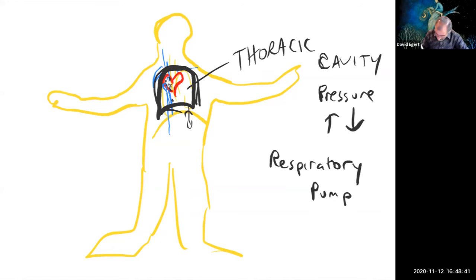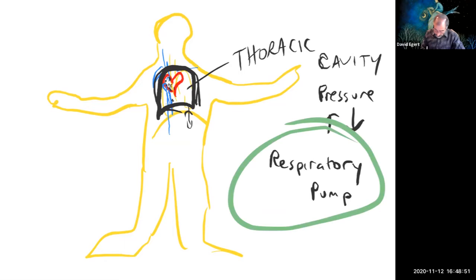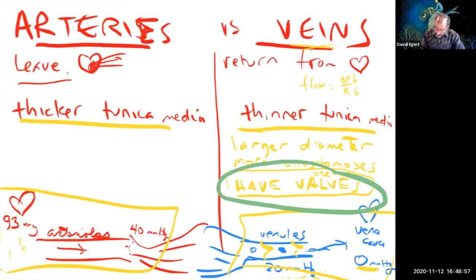So if there's ever some question about how blood still makes it back to the heart through these low pressure veins, you've got this respiratory pump going, and you've got valves making sure it doesn't backtrack. What else?